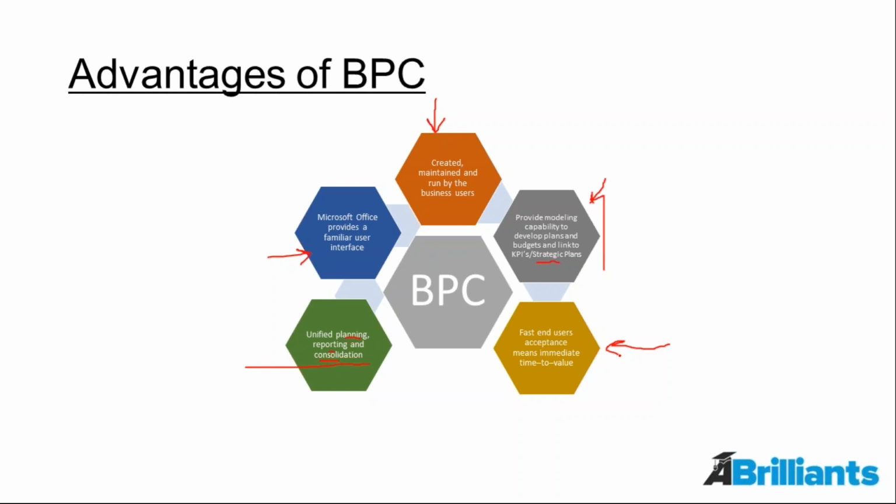Even it is easy for business users as well. So it's fast for handling and good for end user acceptance. So these are the 5 basic pillars which differentiate BPC from any other EPM solution in the market.